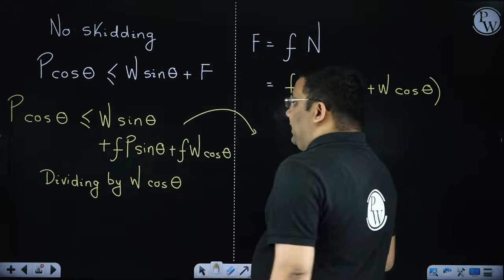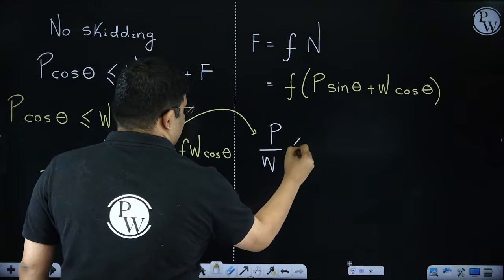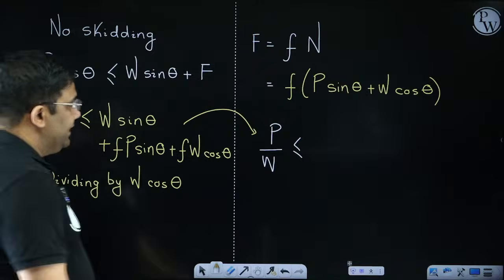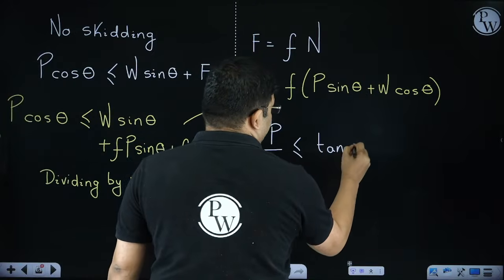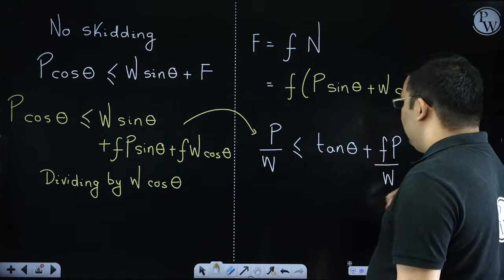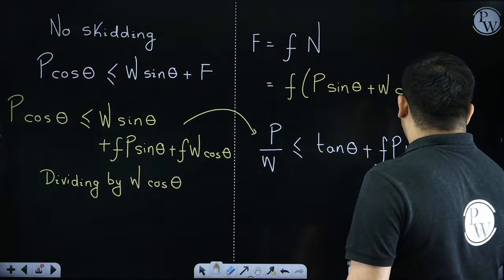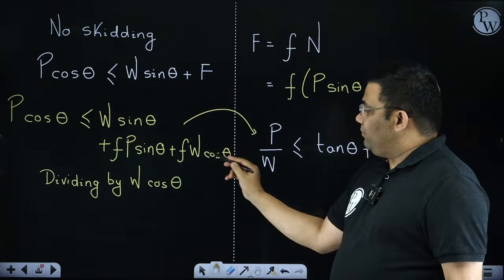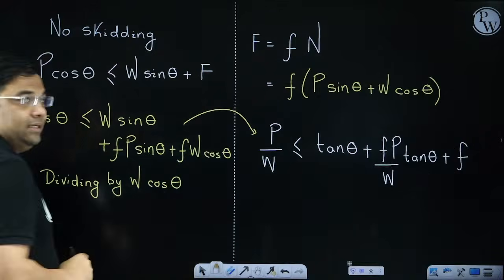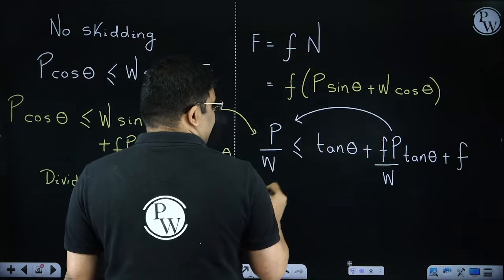Here there is P and cos theta, so when I divide by W cos theta, it becomes P by W, less than or equal to W sin theta by W cos theta, which is tan theta. So tan theta plus F P by W times sin theta by cos theta, which is tan theta, then plus F W cos theta by W cos theta, which gives only F. Now I take this term to this side and take P by W common.